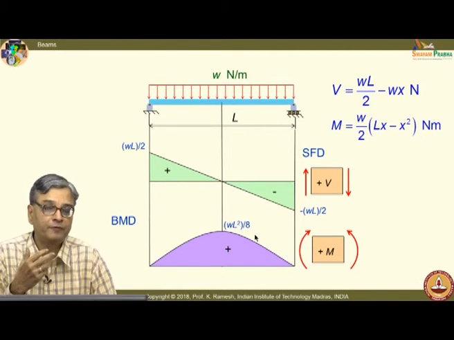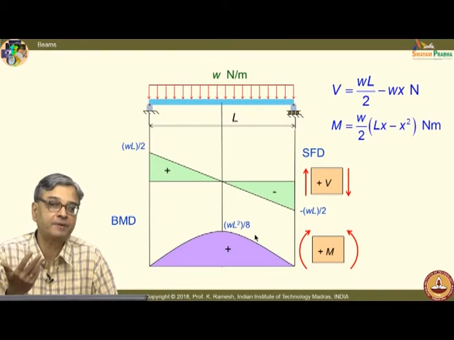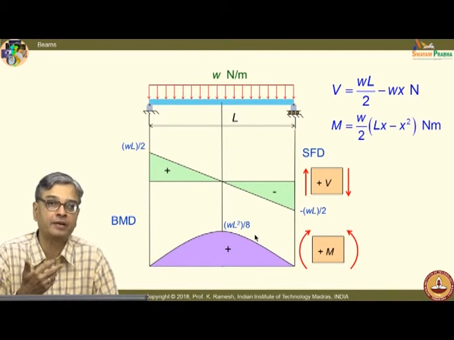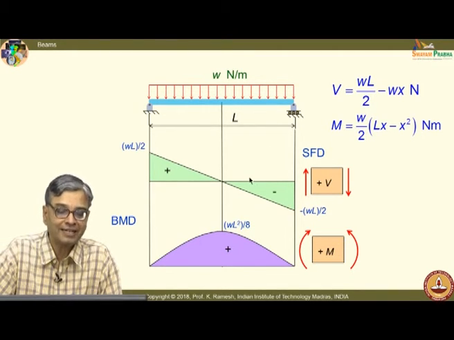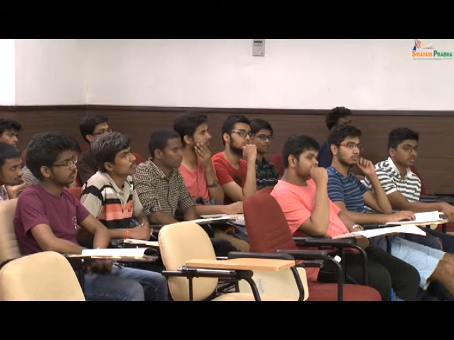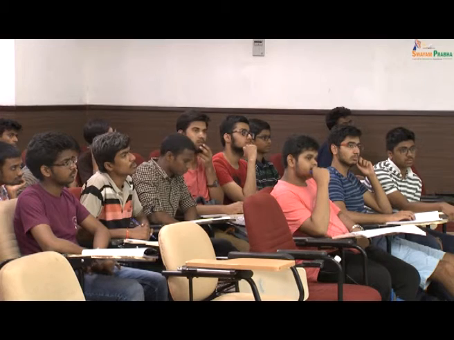So, even before we develop an interrelationship between shear force and bending moment, you could gather some basic idea: when shear force is varying linearly, bending moment varies in a parabolic fashion, and when shear crosses 0, in this case I have a maximum bending moment. In general, I would have an extremum value.